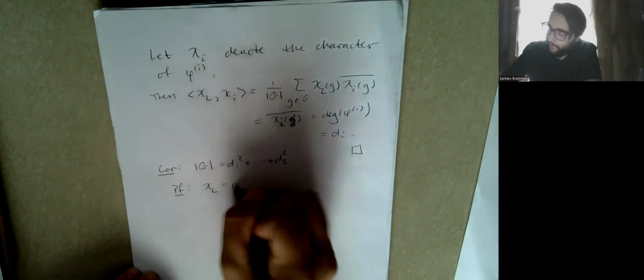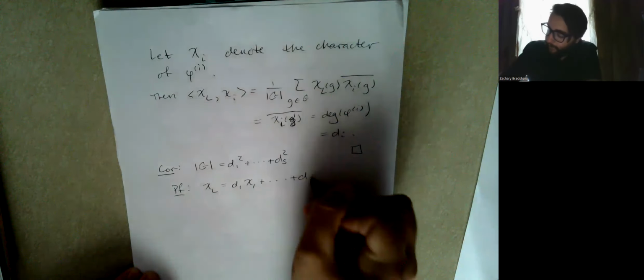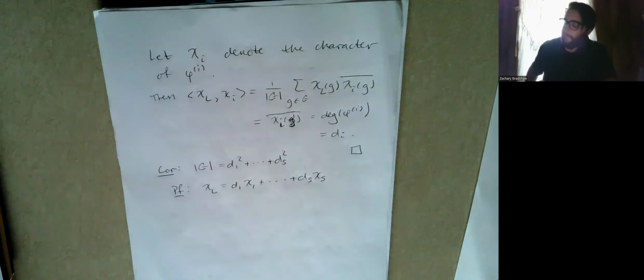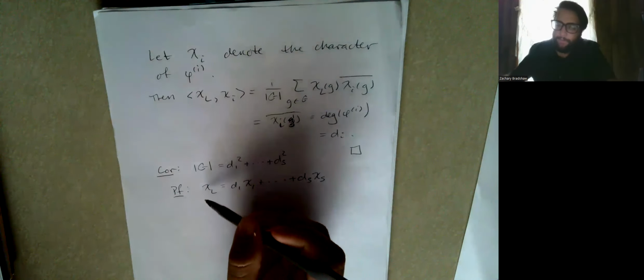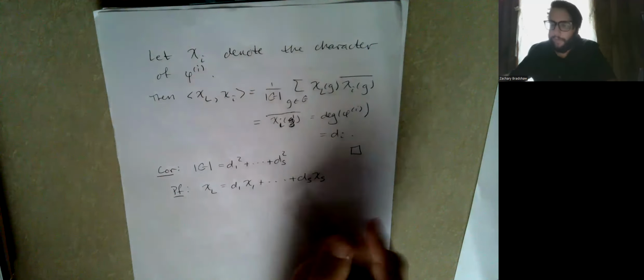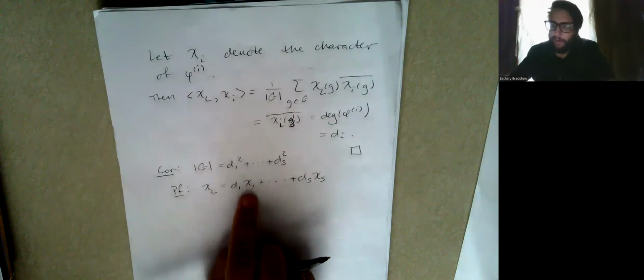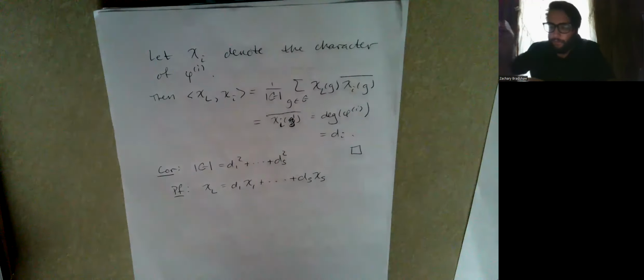By the theorem, we know that chi_L is d_1 times chi_1, plus and so on, through d_s times chi_s. So where does this come from? Well, the character of a direct sum of representations is just the sum of the characters. There were d_1 copies of the phi_1 representation, d_s copies of the chi_s representation, and so on.